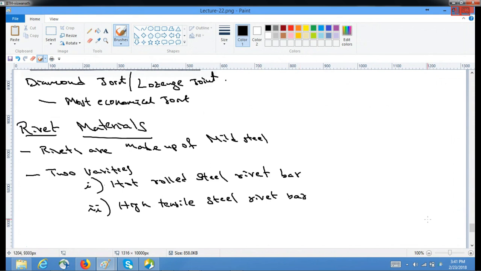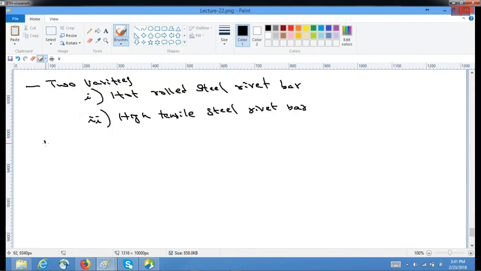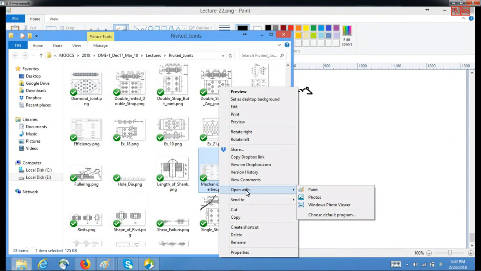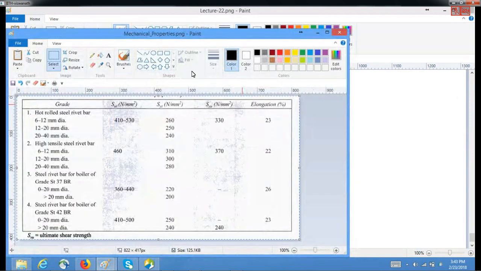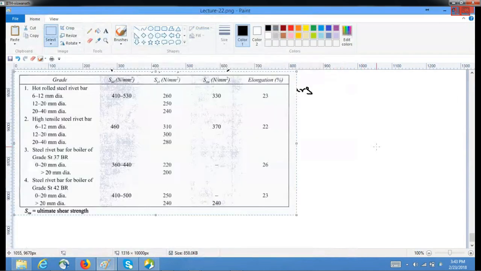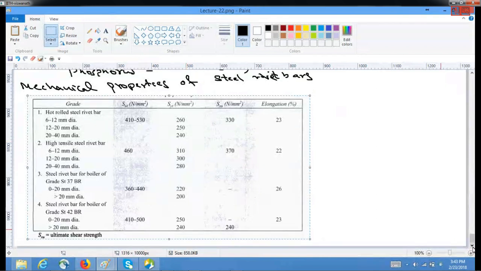The chemical composition of these materials are generally given. So depending upon the type of the grade, you can see that if it is a hot rolled steel for any given diameter up to 40, the SUT would range between SUT, but depending upon the cross section, the SYT would be dropping from 260 to 240, and percentage elongation for a hot rolled steel rivet is around 23%.